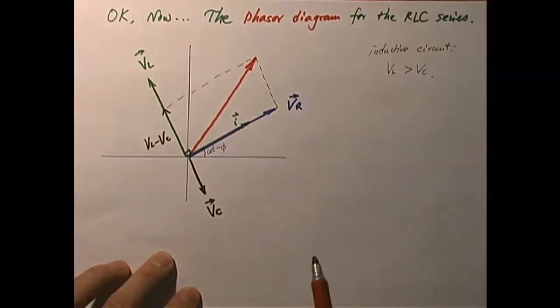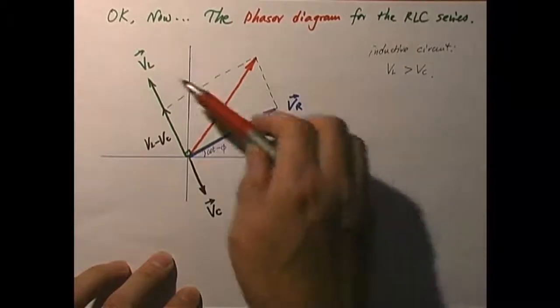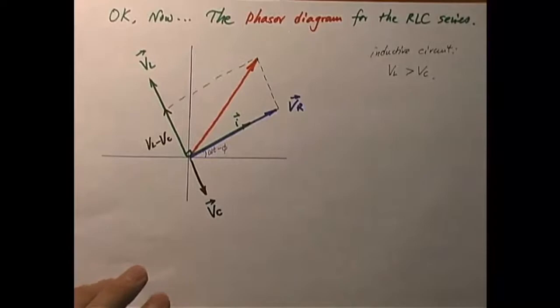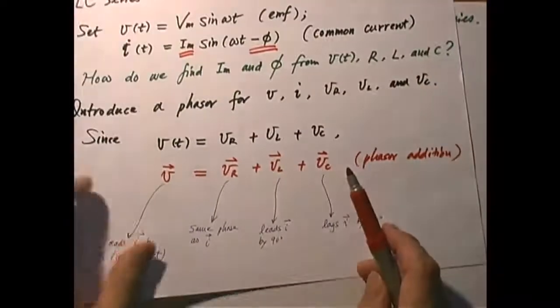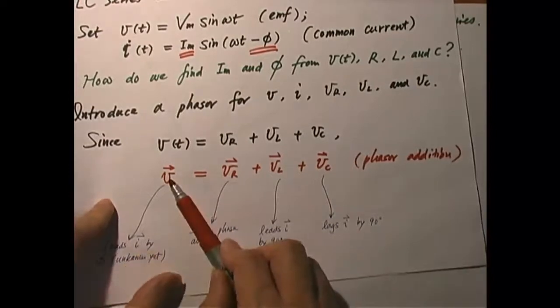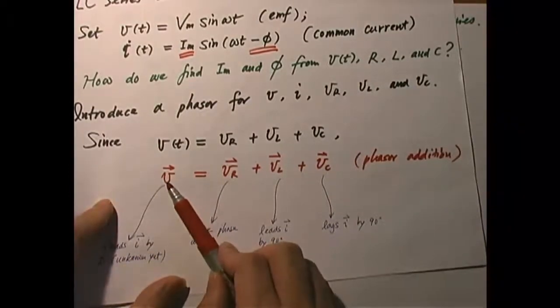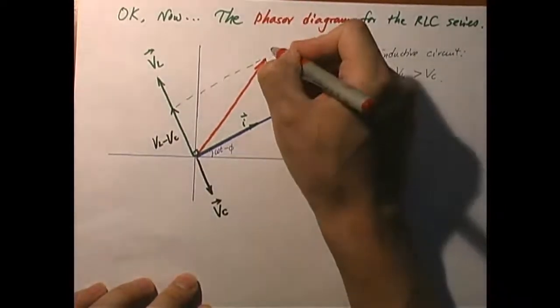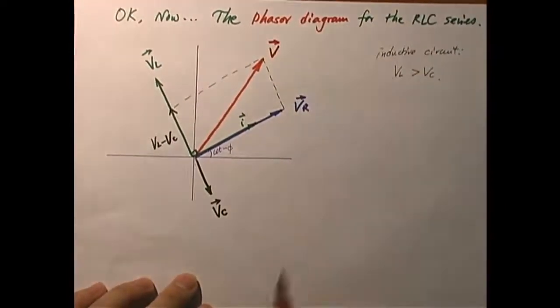This red vector is the sum of VR, VL, and VC. What do you think that is? Well, go back to the previous page if you don't remember. The sum of these three vectors is the phasor for V, the EMF. So this is V, the phasor for the EMF.